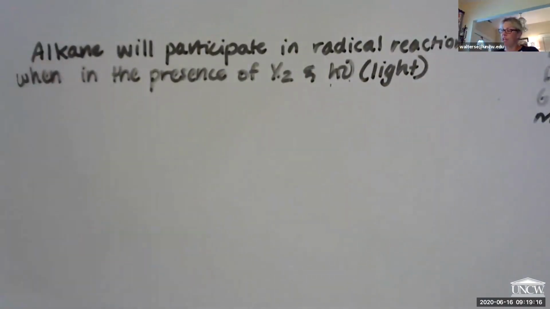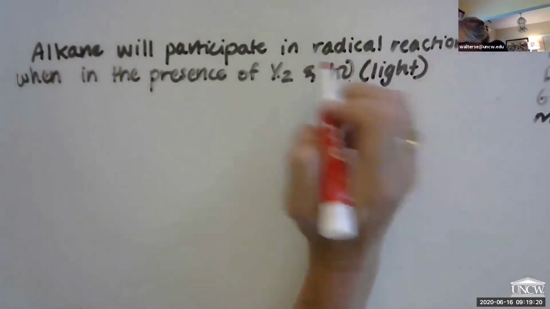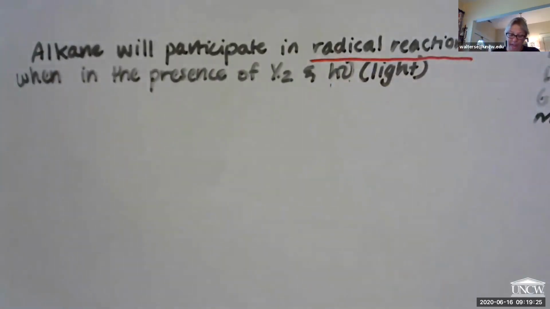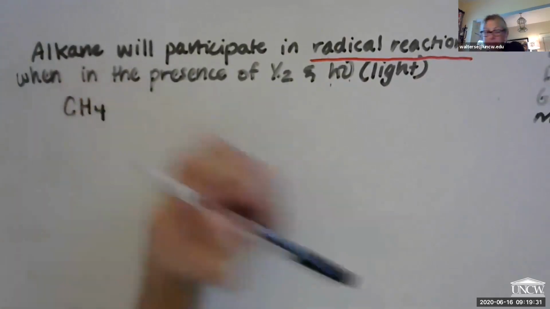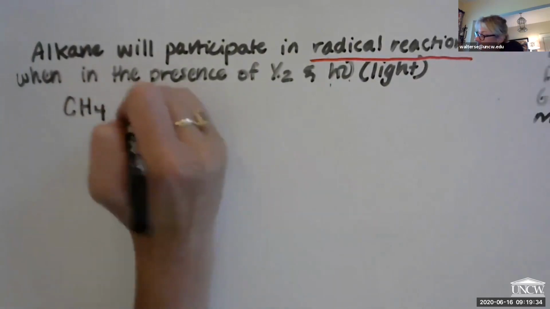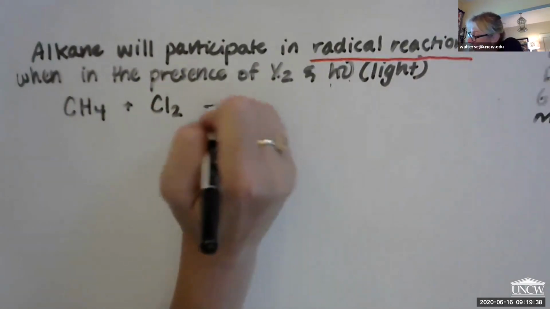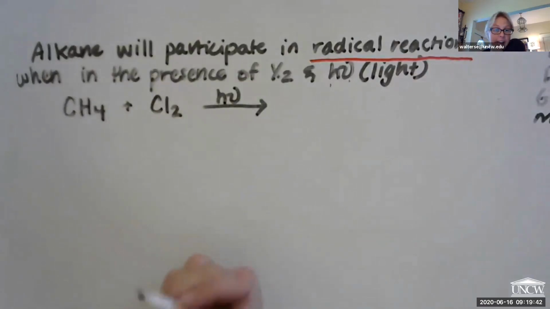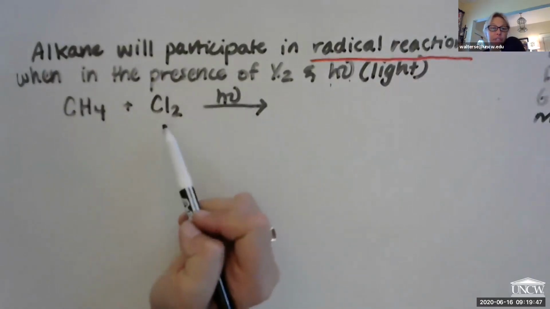And we're going to use an alkane reaction, but what we have to do is look at radical reactions as a whole. So the reaction that we're going to look at is what would happen if we took methane and reacted it with chlorine. So this would be a gas phase reaction, and then we're going to shine some light on it. This wavelength of light would depend on which halogen you were using.